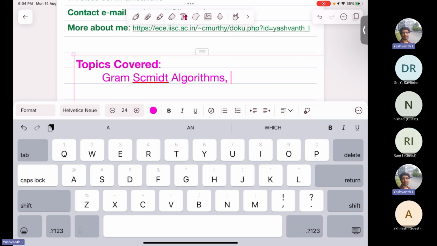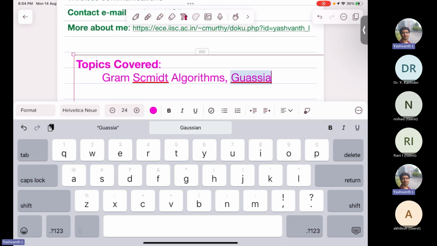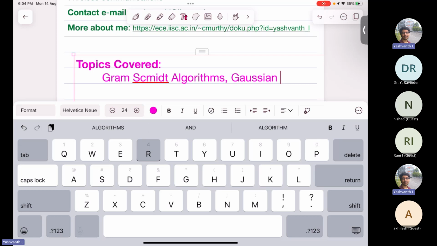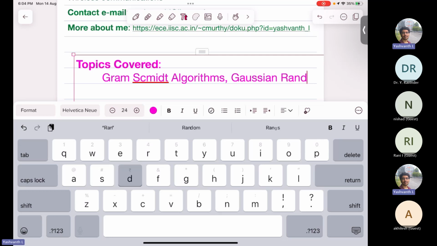Then we're going to look at Gaussian random variables and vectors.